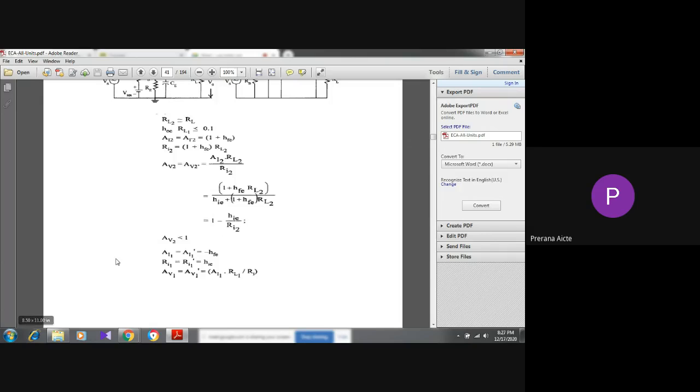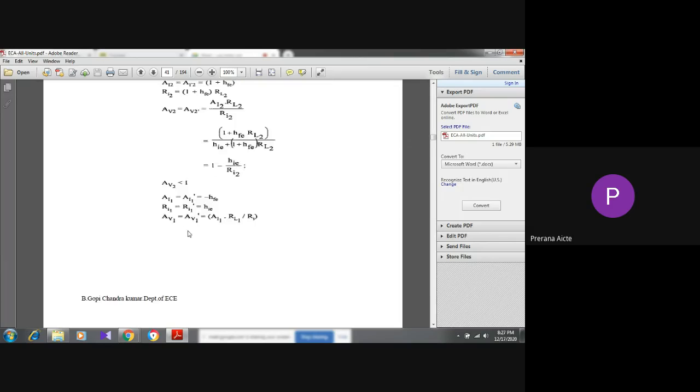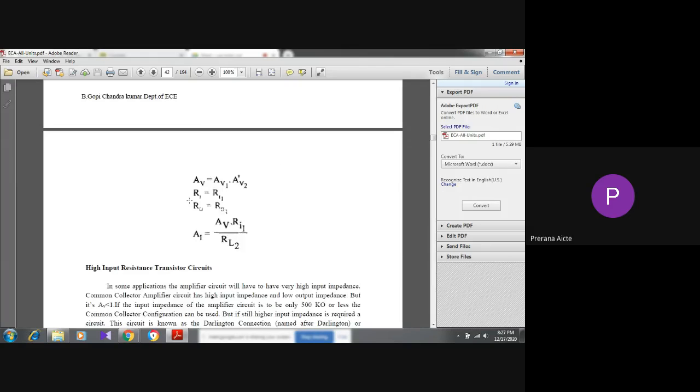And these are the other equations: AV1, AI1, RI1.